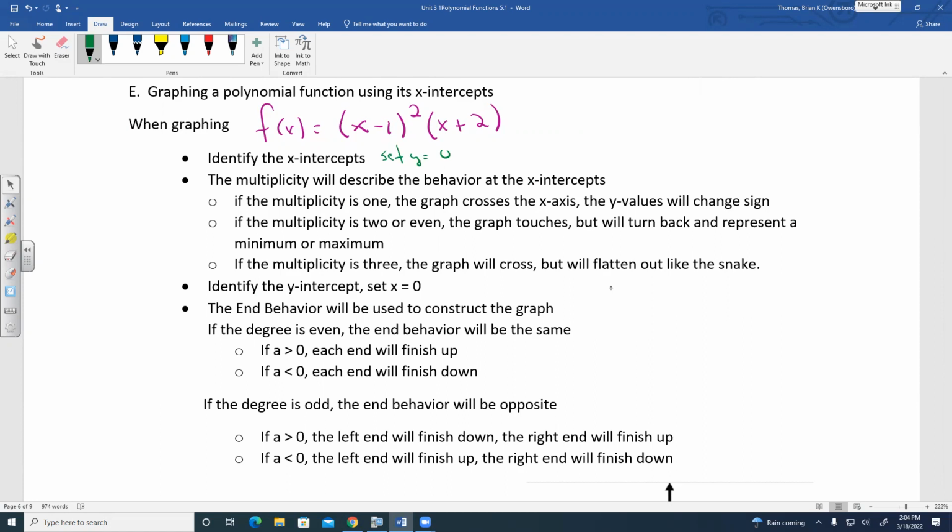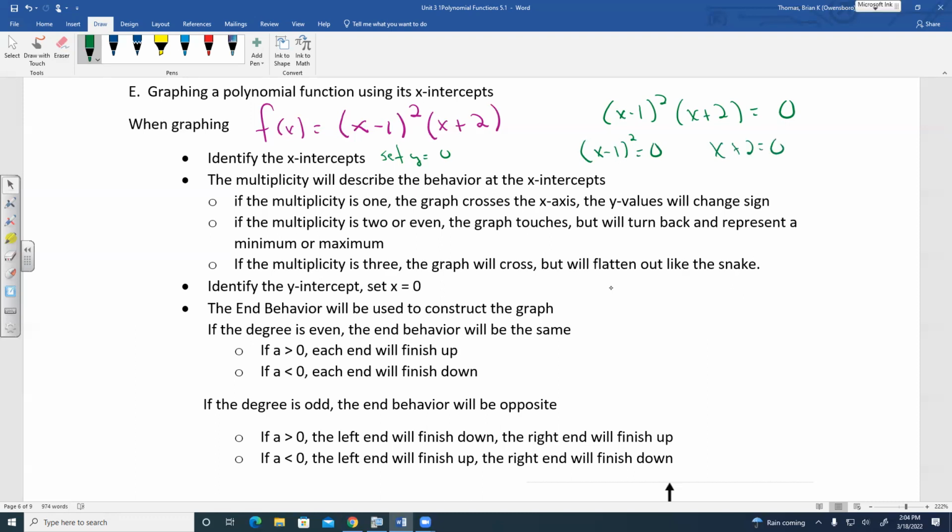So what this would be then is x minus 1 squared times x plus 2 is equal to 0. So then we would just set each one of these equal to 0. So I'd have x minus 1 squared equals 0, and x plus 2 equals 0.